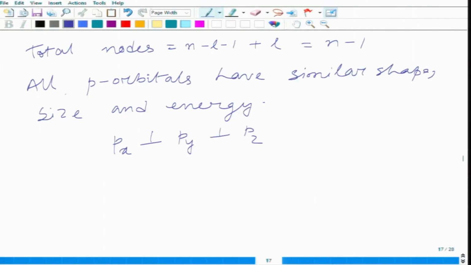We have studied the shapes of s orbital and p orbital. Now we will see the shape of d orbitals. But before that, we had discussed that all p orbitals have similar shape, size and energy, and they are perpendicular to each other.